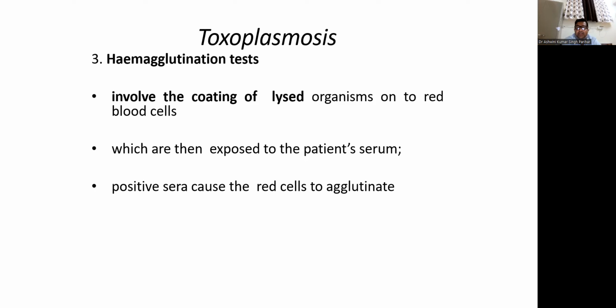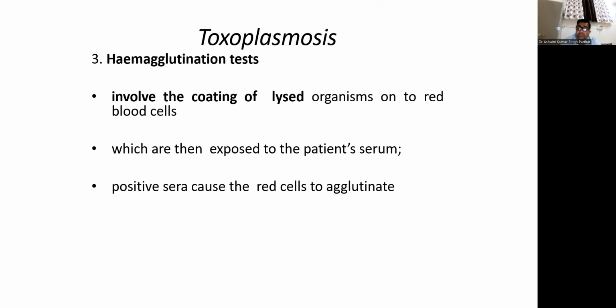Here, the lysed organisms are used to coat red blood cells, which are then exposed to the patient serum. So the wall of the lysed organism is coated over the RBCs and mixed with the patient serum.